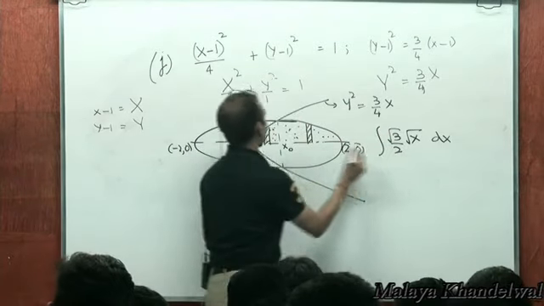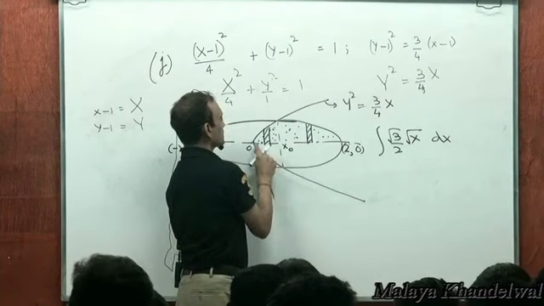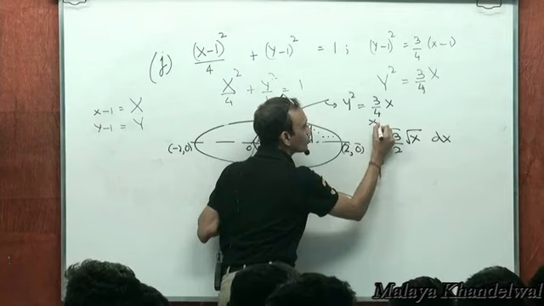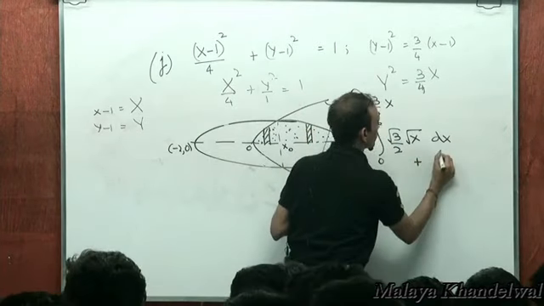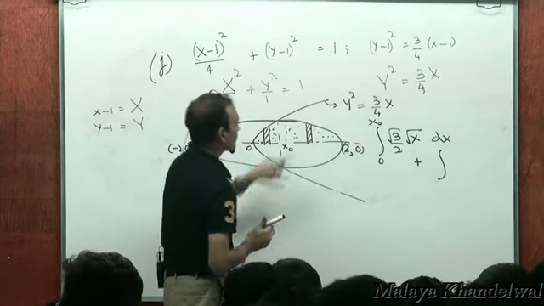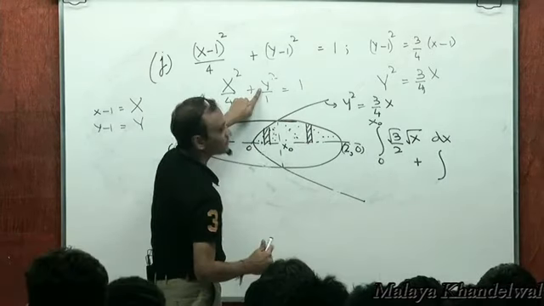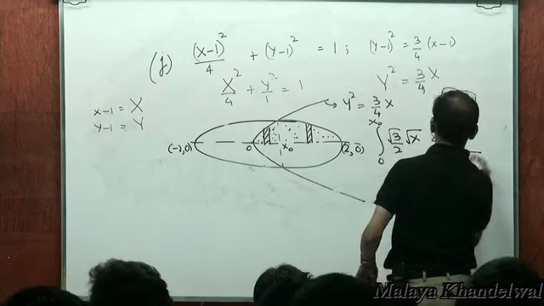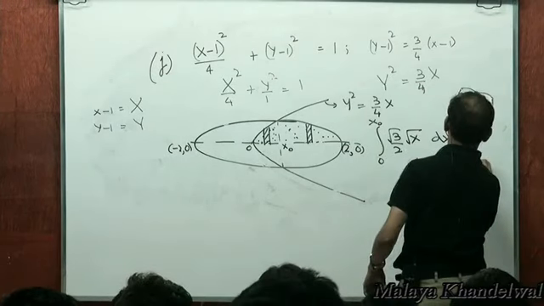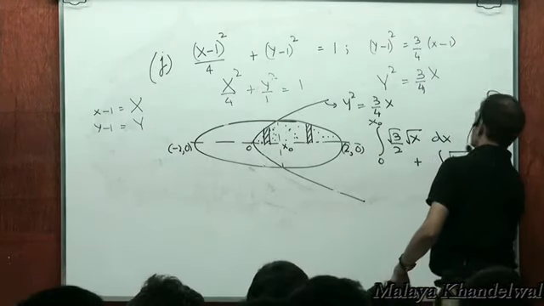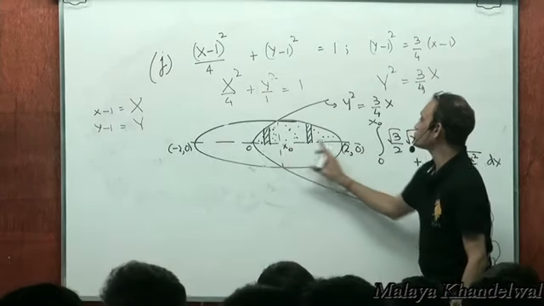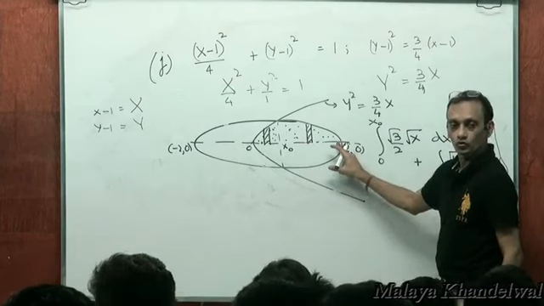Sum of all of this, where capital X runs from 0 to X naught, plus the integral of the area under the ellipse, which means y of the ellipse. Y of the ellipse is going to be root of 1 minus x squared by 4, into dx, these strips, where x runs from X naught to 2, right?